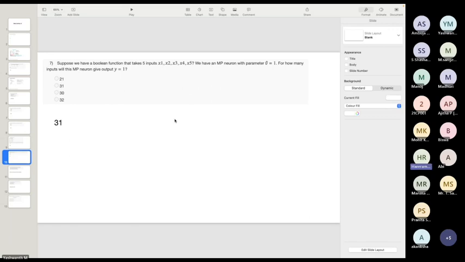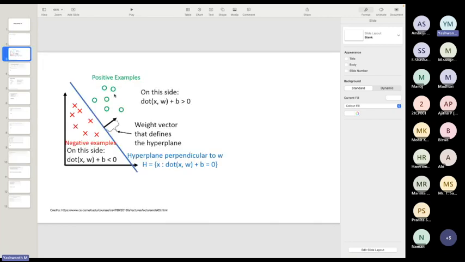Why are we assuming that if x1 plus x2 plus x3 plus x4 plus x5 is greater than 0, then the output will also be plus 1? Why are we assuming that? So, not assuming. How should I put it? Basically, this is the data.